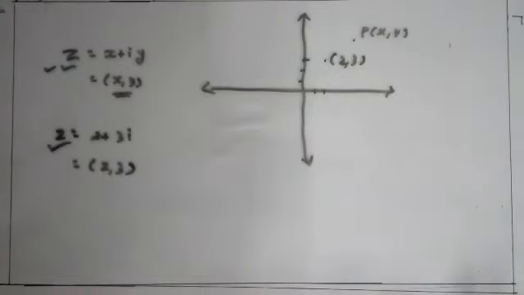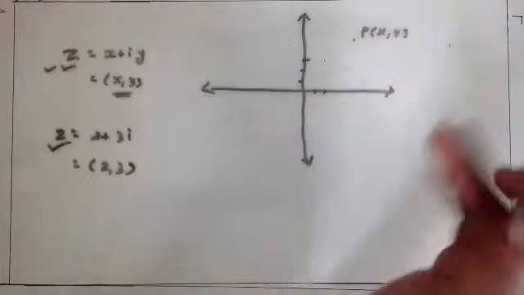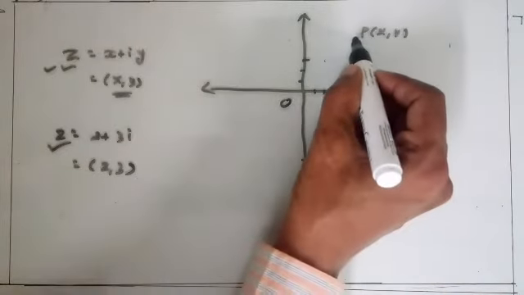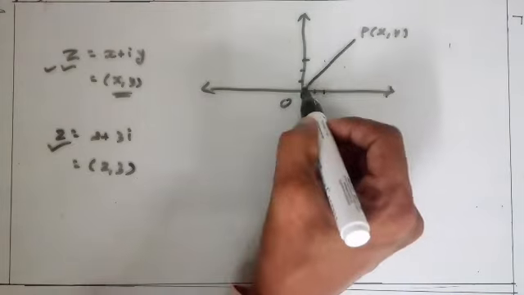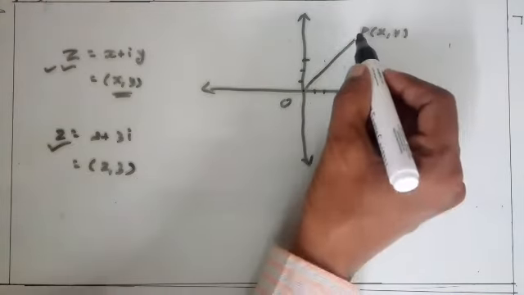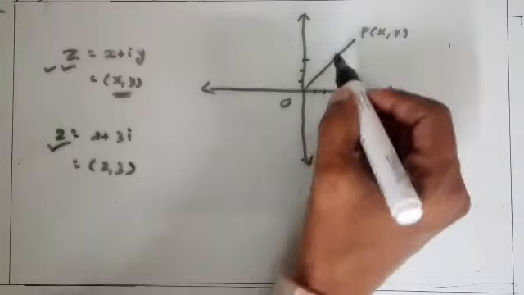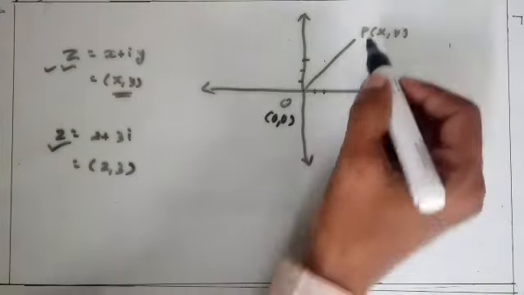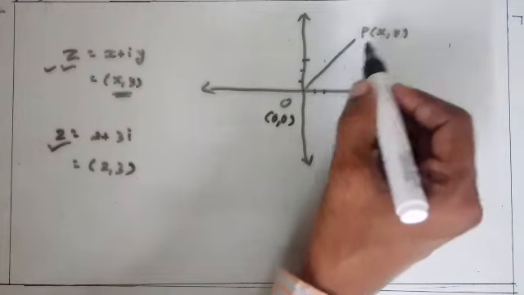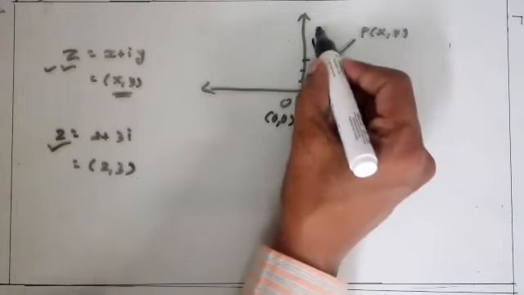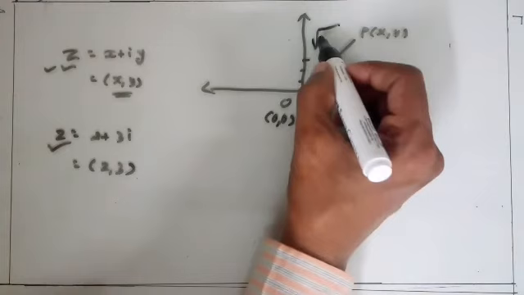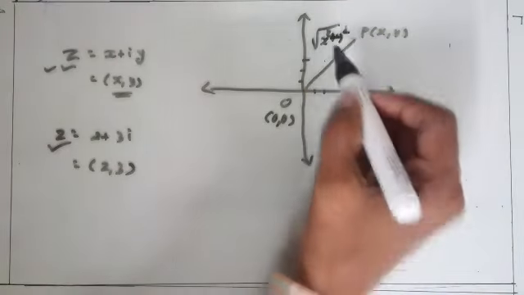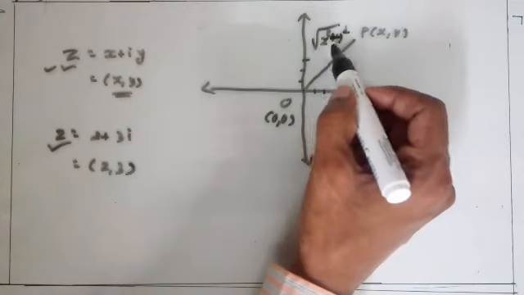Now here O is the origin. OP is the distance of the point from the origin, and we know the coordinates of O are (0, 0) and of P are (x, y). So using the distance formula, OP is equal to the root of x square plus y square.